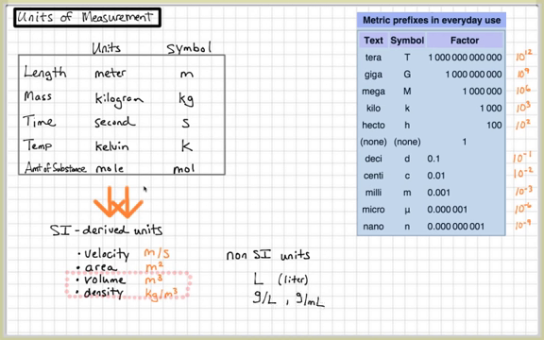These non-SI units work well with the system, as I said, and we can show, for instance, with a liter, how it's related to the SI units.